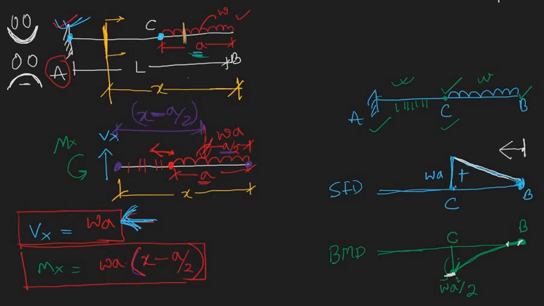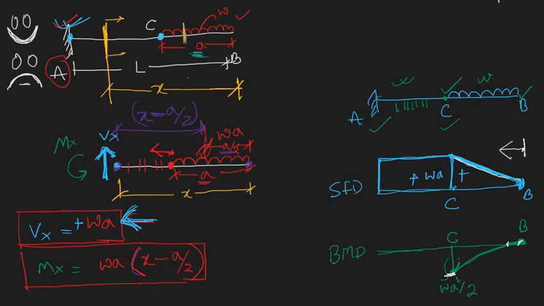Here you can see that our assumption was correct, because in this equation there is a positive sign, so Vx is creating a clockwise moment about any point within this element. So it is positive WA, and it has matched with the previous one, so there is continuity. So this is the shear force diagram.